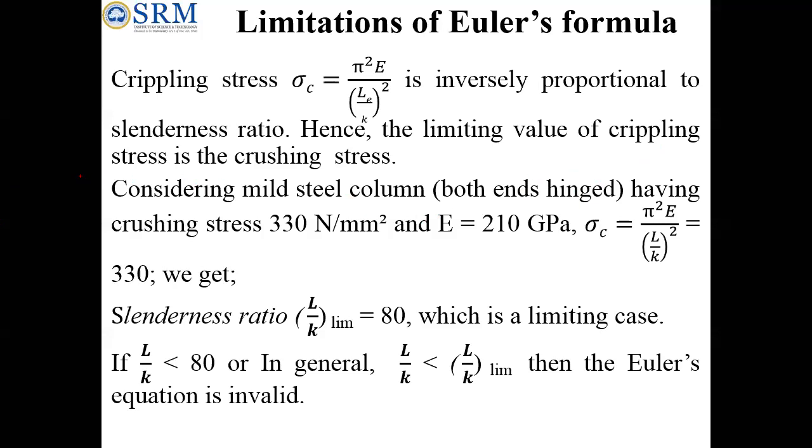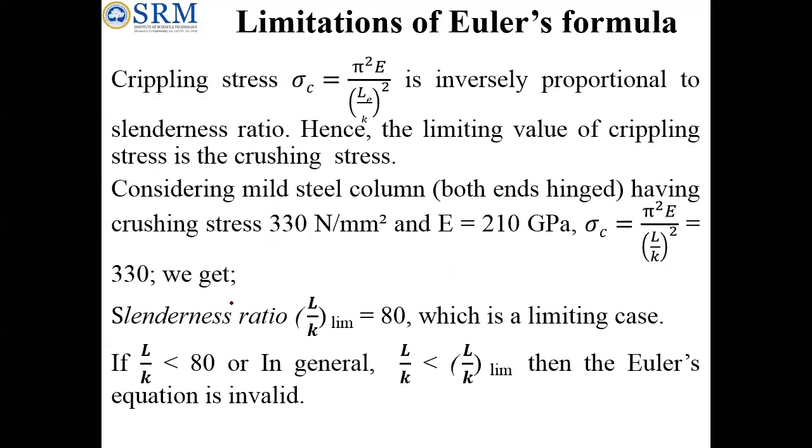One example is given. For mild steel, we have discussed that the L by K ratio should be greater than 80. For this example, if you solve, we get the slenderness ratio as 80. Okay, it is a limiting case. If it is less than 80, then we cannot use this Euler rule. So we need an L by K ratio greater than 80, then only can we use this Euler rule.